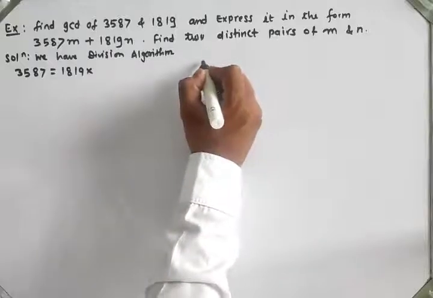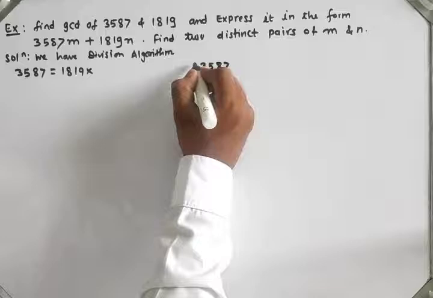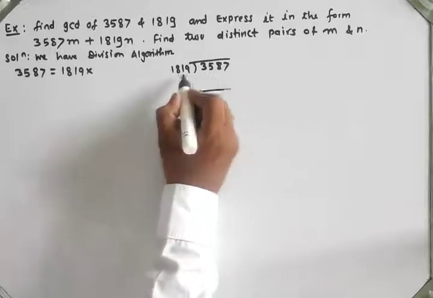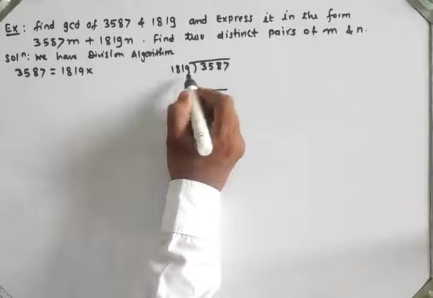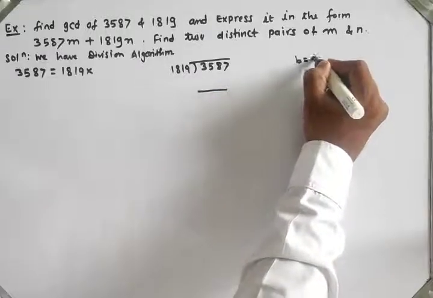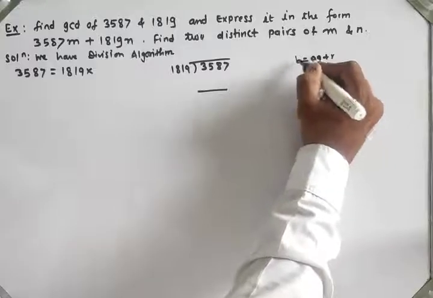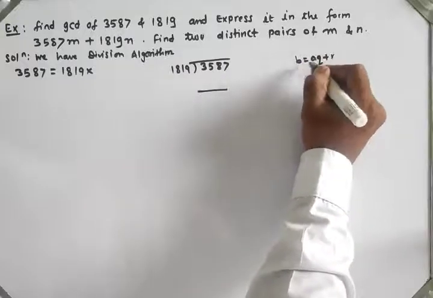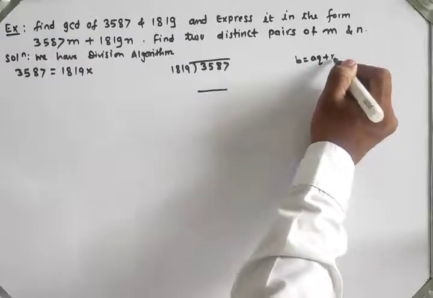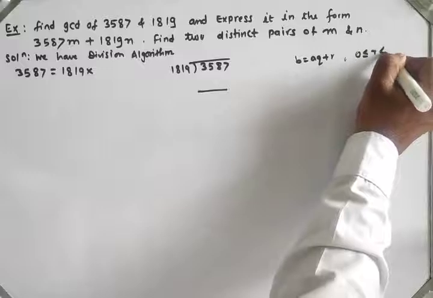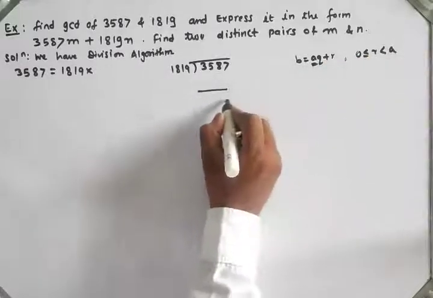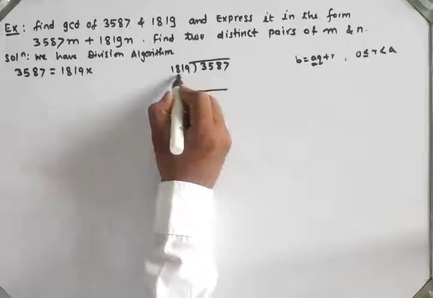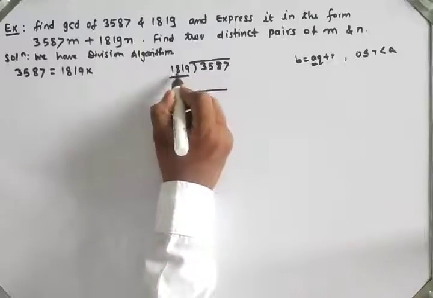We get a remainder which is less than 1819, because our division algorithm theorem says that if b equals aq plus r, where a and b are any numbers and a is non-zero, then a divides b, and r is the remainder with 0 less than or equal to r, strictly less than a. This means our remainder is always positive and less than the divisor 1819.